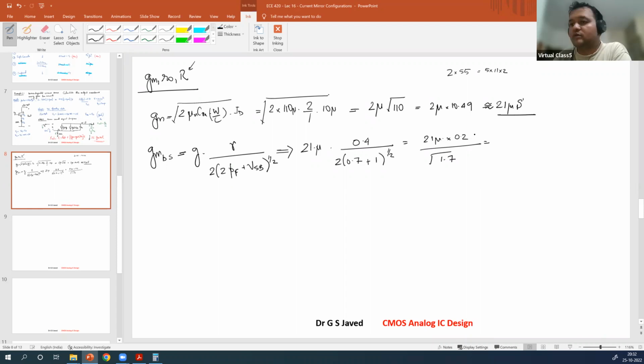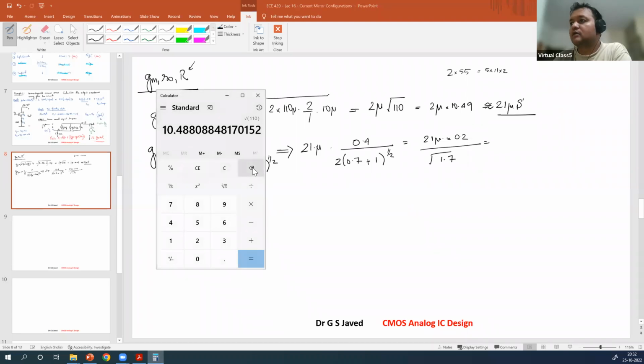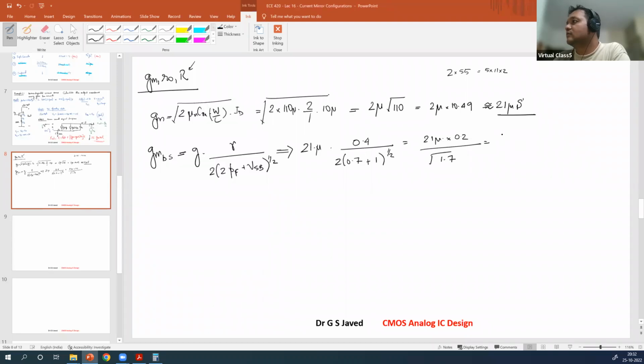So that value is given as 1.7. Square root of 1.7 is 1.303. So 21 micro into 0.2 divided by 1.303.